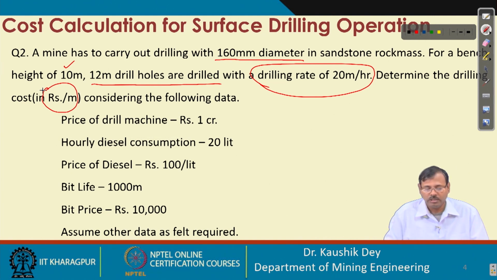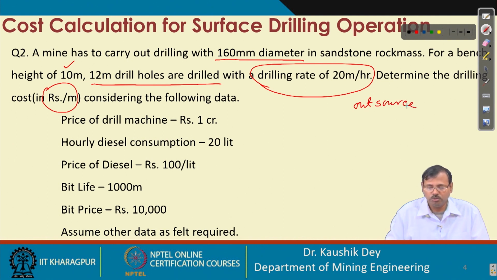In fact, drill cost may be considered in different ways. It can be directly considered with the total production, that is in meter cube or ton, but often drill cost is expressed in terms of meters, especially where the drilling operation is given on an outsource basis.